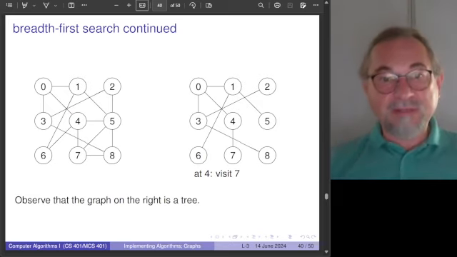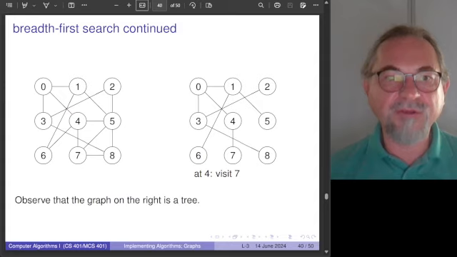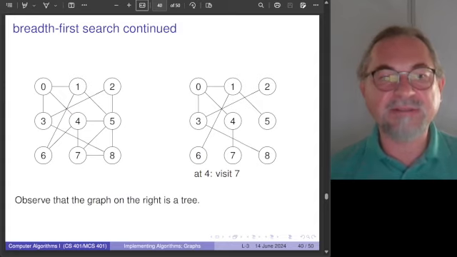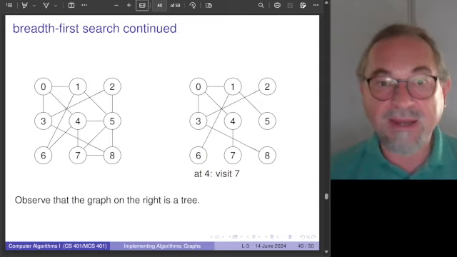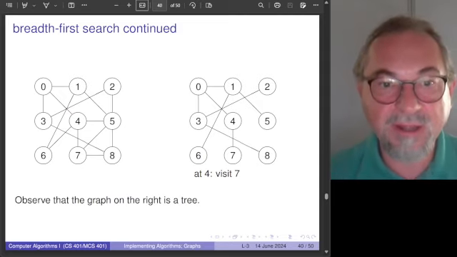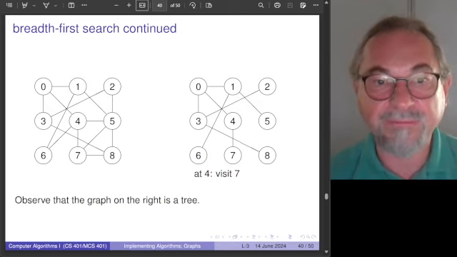And if we look at this, it depends on how you tilt your head a little bit. You can actually recognize that the graph on the right is a tree. So we have visited each and every vertex.